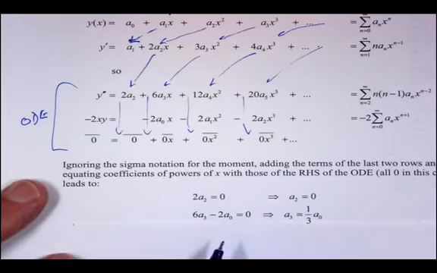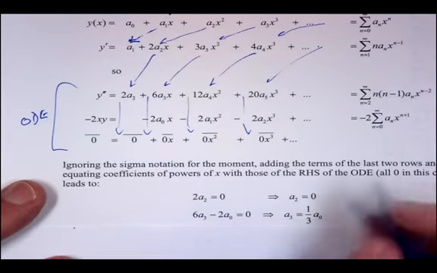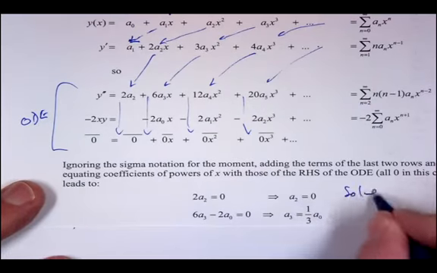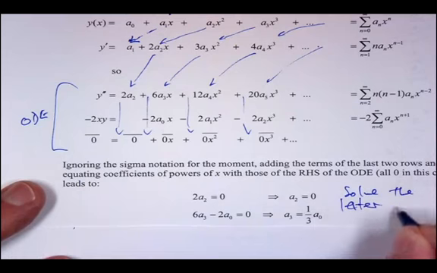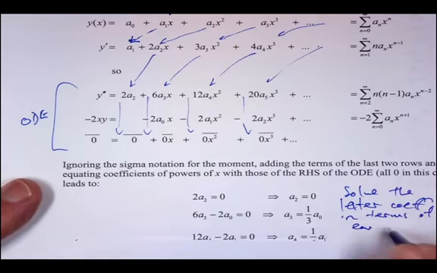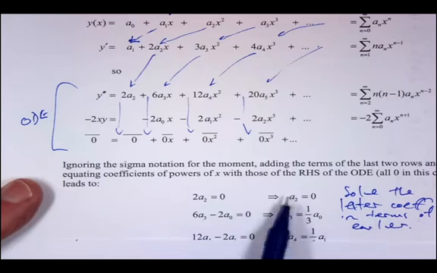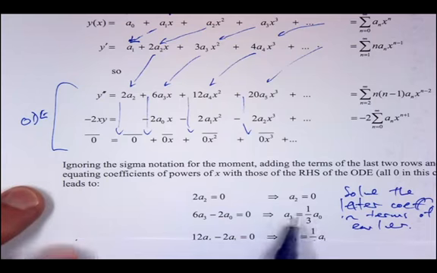Okay? Now, the rule here is to solve the later coefficient in terms of the earlier. So A3 is the later, A0 is the earlier. So we've solved A3 in terms of A0.